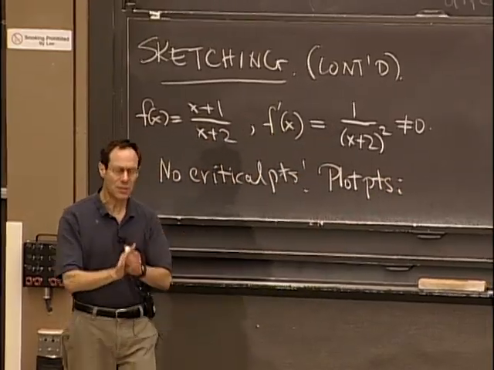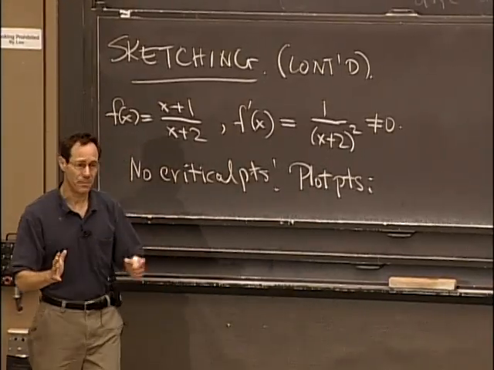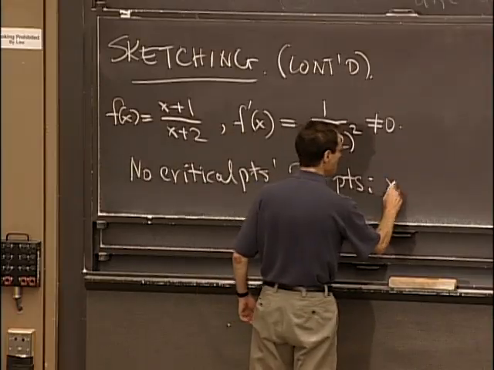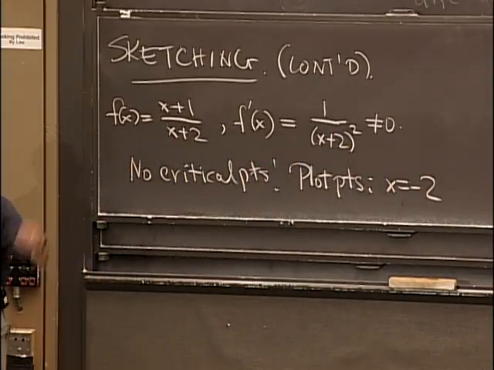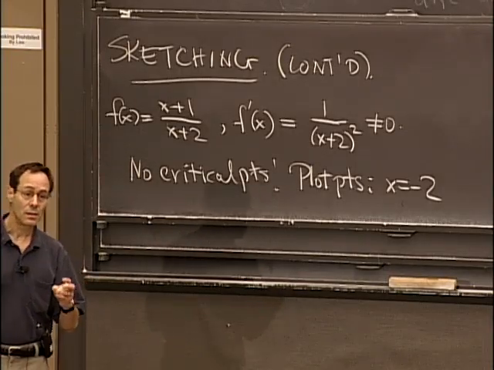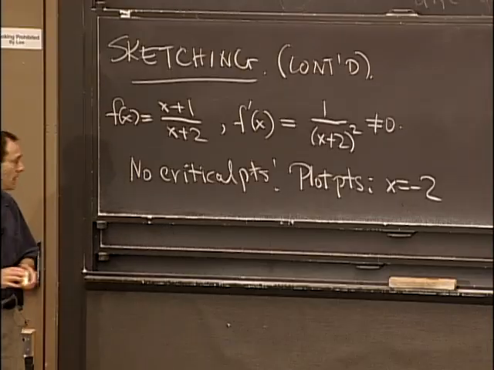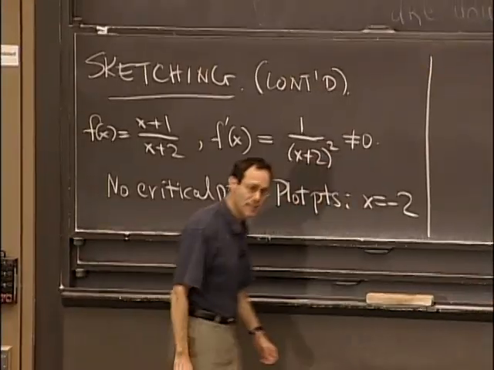Now, it turns out that the most important point to plot is the one that's not there, namely the value at x equals -2, which is just what was suggested. Namely, we plot the points where the function is not defined. Okay? So how do we do that?